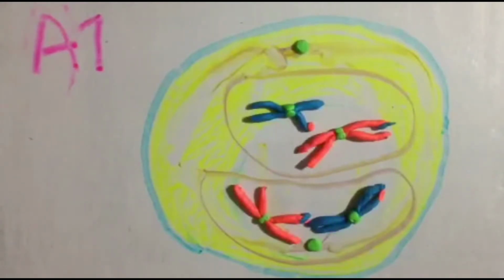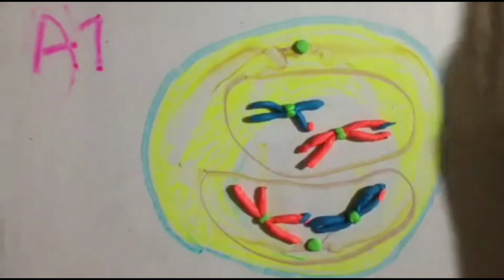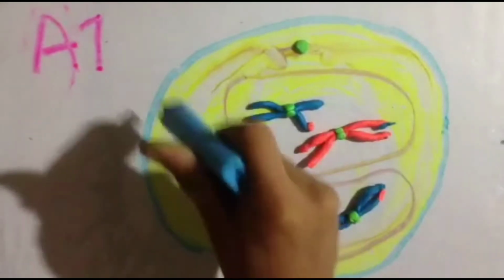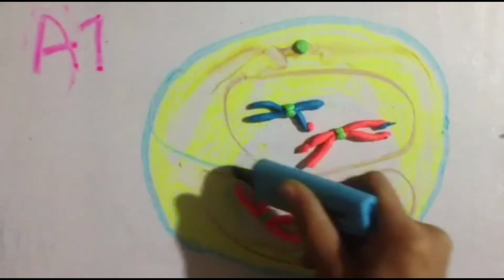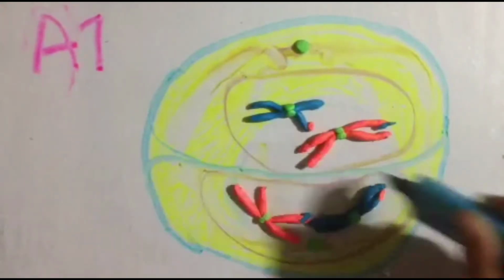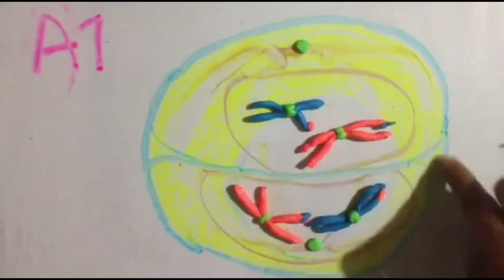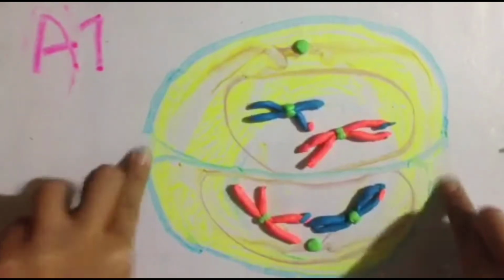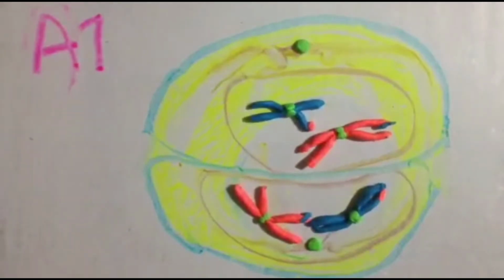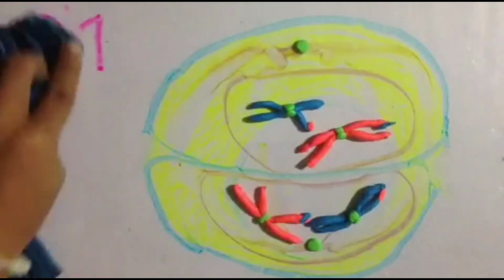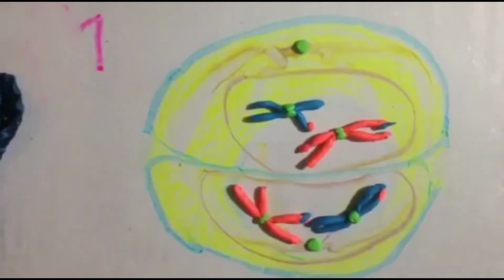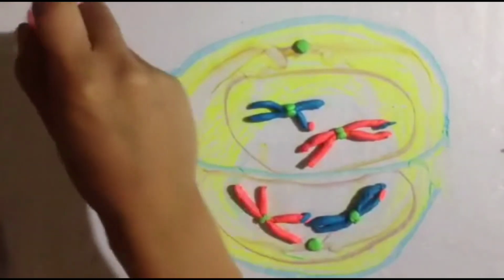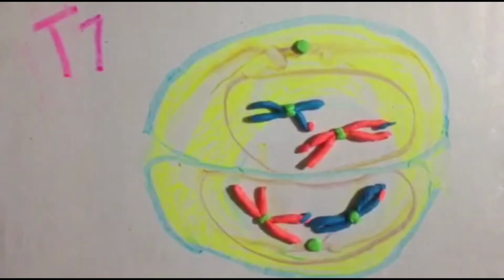That's the nuclear membrane, and we divide it into two. So the cytokinesis starts; cytokinesis is the division of cytoplasm. Telophase.